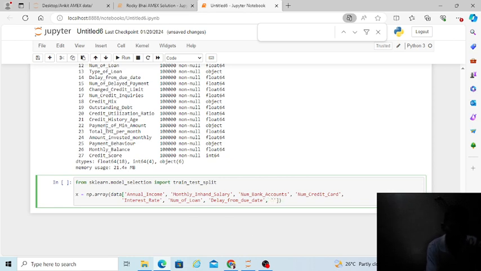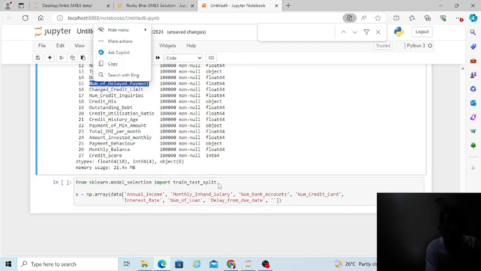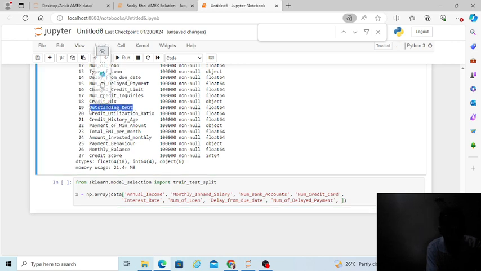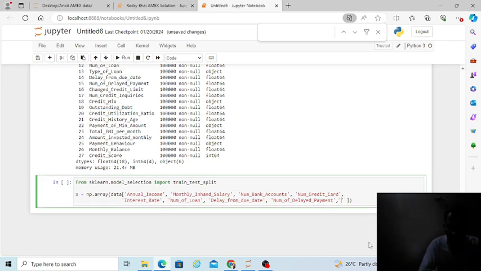Now change credit limit will not have. Number of delayed payments will have effect. Outstanding debt, this will also have. Credit mix will not have that much effect, so I am not including that. Outstanding debt.